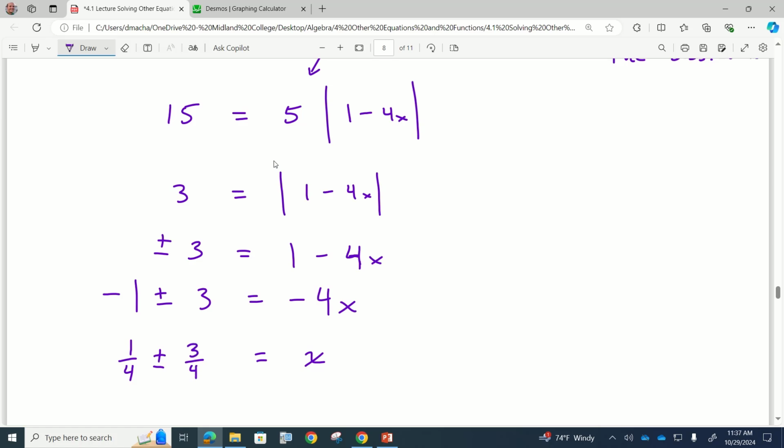But of course, I'm considering both the positive and the negative anyways, so you don't have to worry about keeping a negative sign around, right? And that's my answer. So I've got 2 answers. One of them is x equals 1. The other one is x equals negative 1.